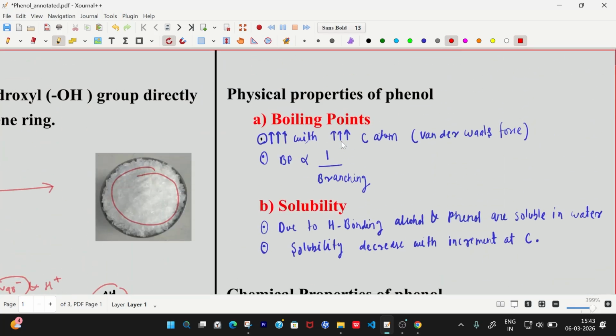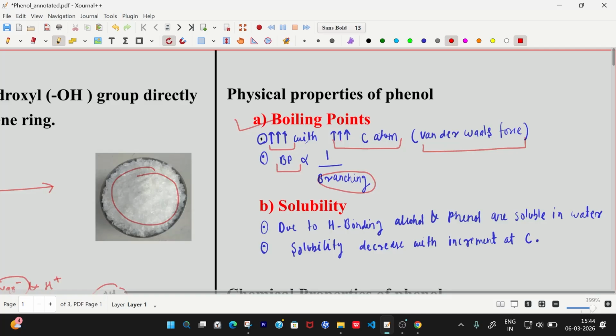Let's see the physical properties of phenol. First property is boiling point. Boiling point of phenol is due to van der Waals forces, and with increasing carbon atoms, boiling point increases, and boiling point decreases with increase in branching, as increase in branching disfavors van der Waals forces.